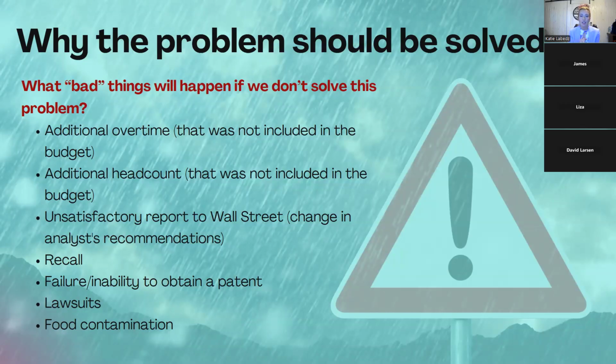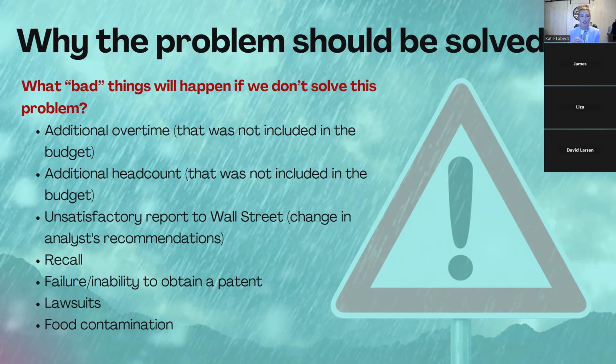Again, additional headcount that wasn't included in the budget will get your project noticed. Maybe it's an unsatisfactory report to Wall Street, right? For some of the organizations that are publicly traded, we need to be aware of that. Maybe it's a recall, right? Nobody wants to have a recall. That would be a bad thing that could happen, that people will pay attention to you.